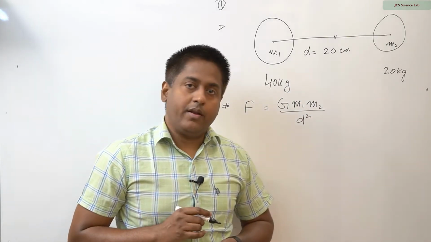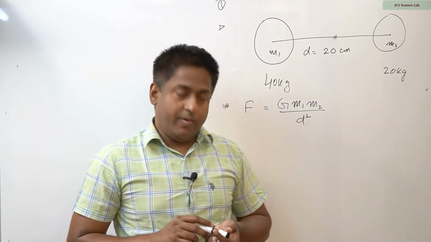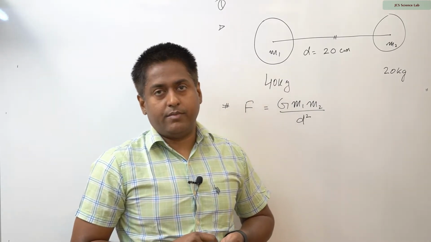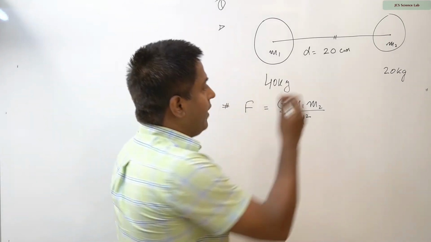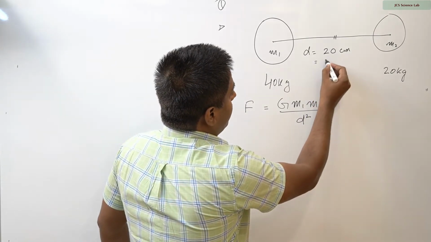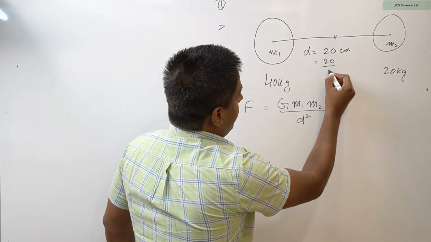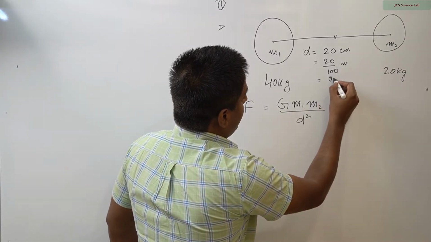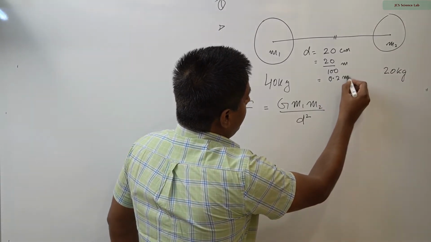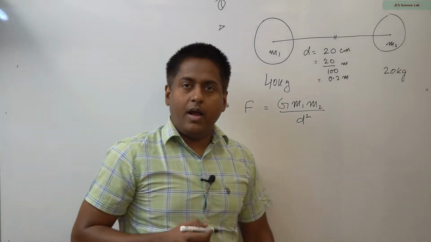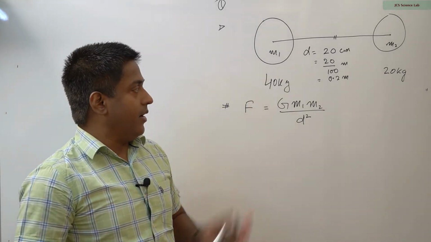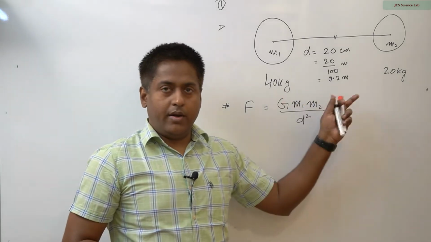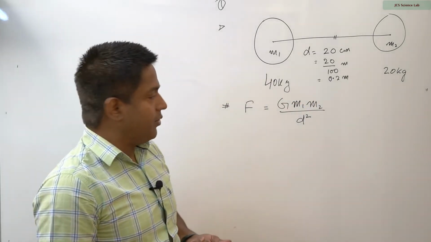So in any numericals, you must take care of unit conversion. That's very important. So 20 centimeter is equal to 20 by 100 meter, and that is equal to 0.2 meter. Now all the data are perfect. Substitute the values.